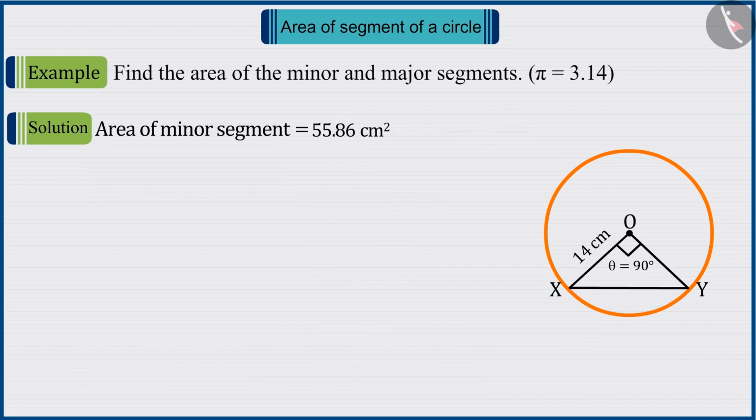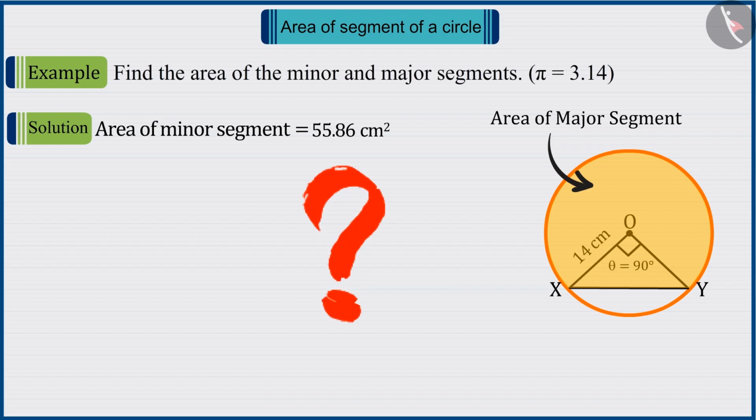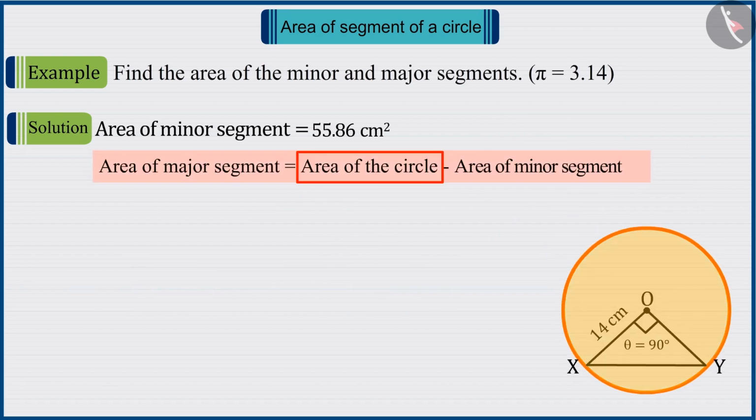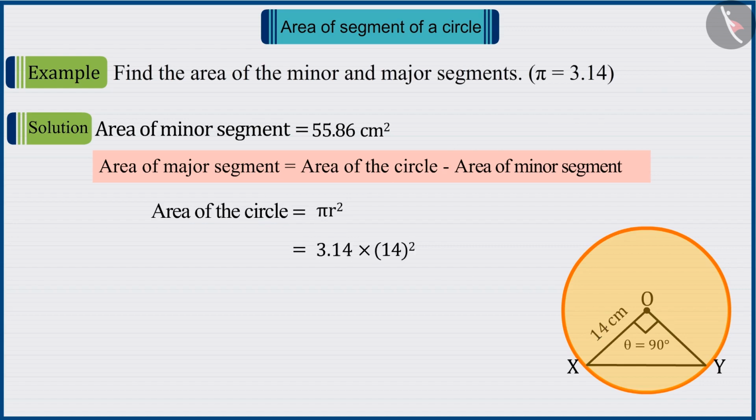Since we have to find the area of the major segment along with the area of the minor segment, can you find the area of the major segment? Absolutely correct. For this, from the area of the circle, the area of the minor segment is subtracted, where the area of the circle is 615.44 square centimeters and the area of the minor segment is 55.86 square centimeters.